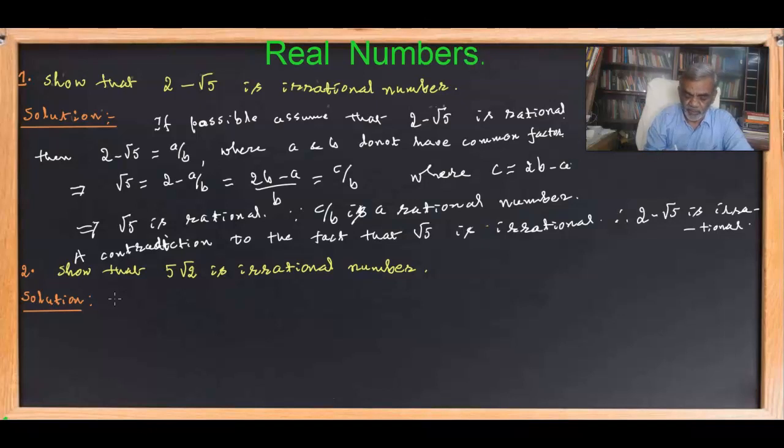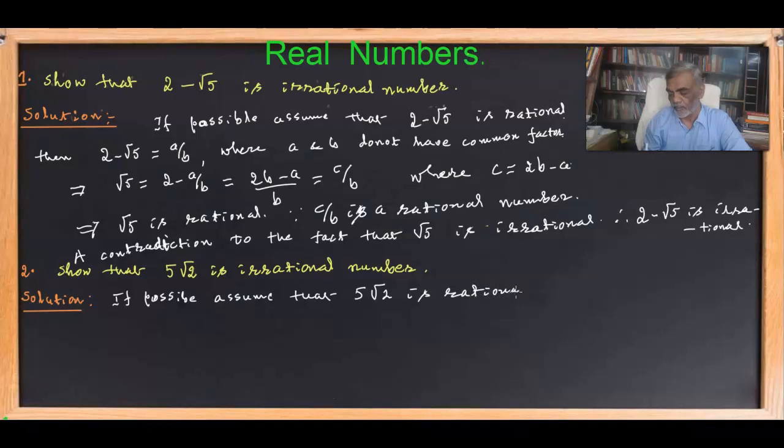If possible, assume that 5 root 2 is rational, and that is 5 root 2 is equal to a by b.